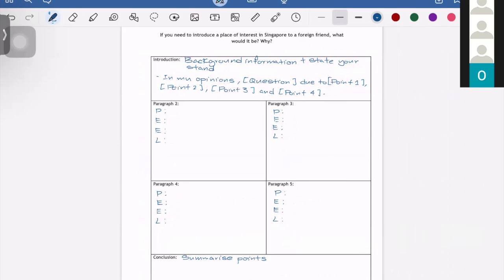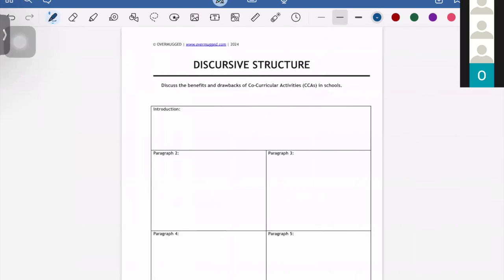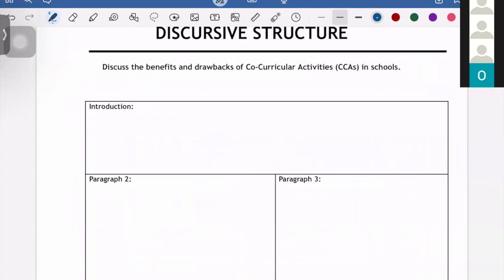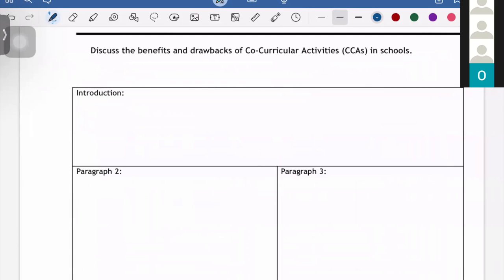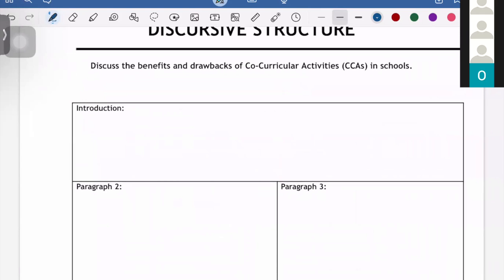I'm gonna move on to discursive. For discursive, introduction, background information, or general information related to the topic, and state your stand.